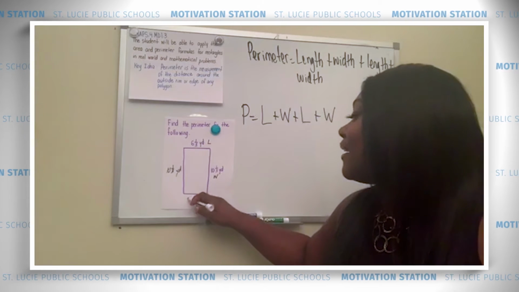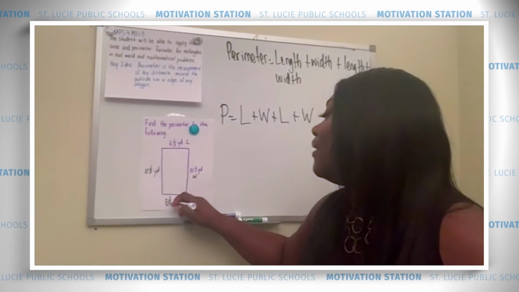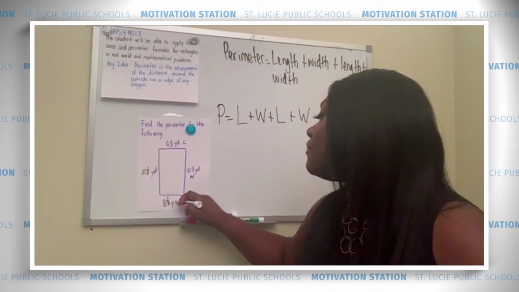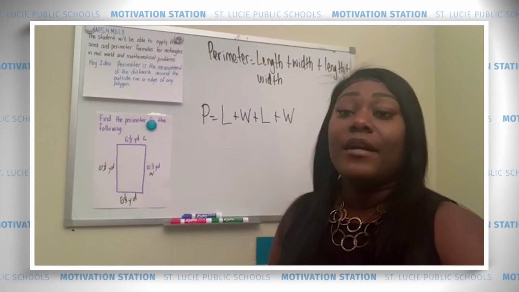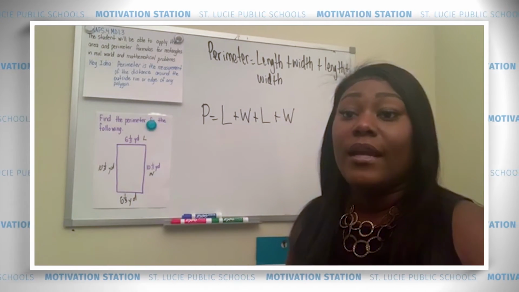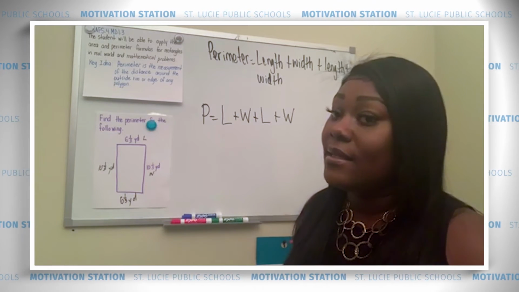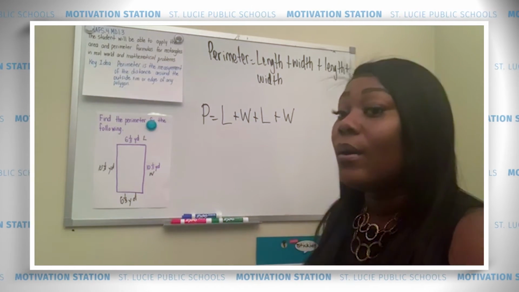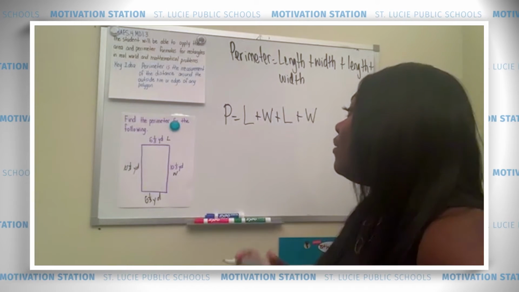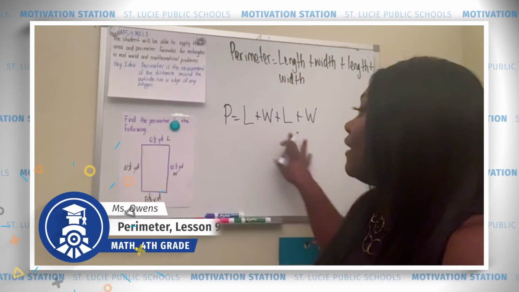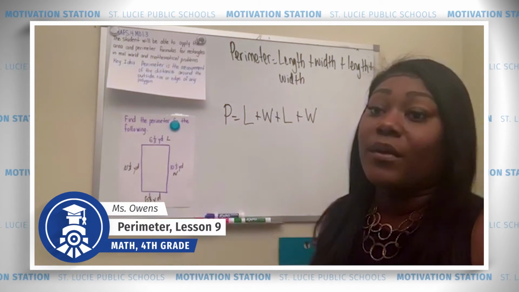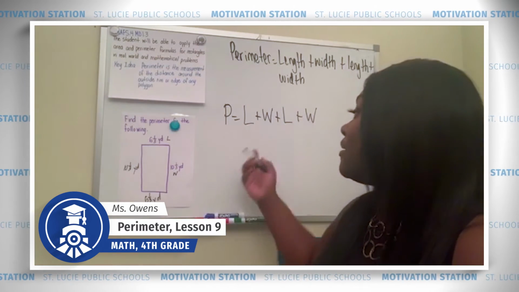Exactly, 6 1/3 yards. Thank you. So whenever you're trying to find the perimeter of a rectangle and all of the sides are not listed, think about what you know about the properties of a rectangle. Now we're going to substitute the actual measurements.